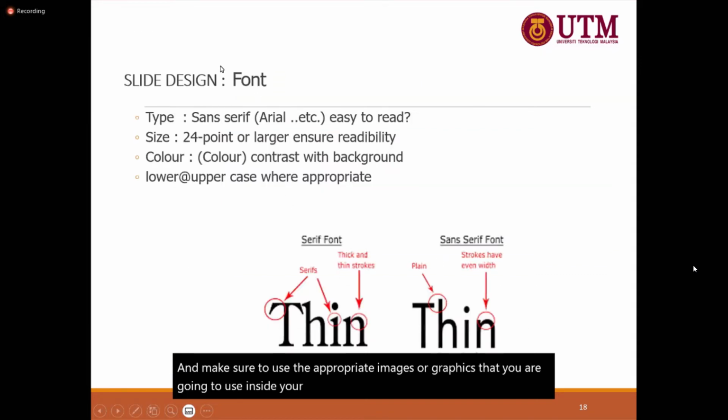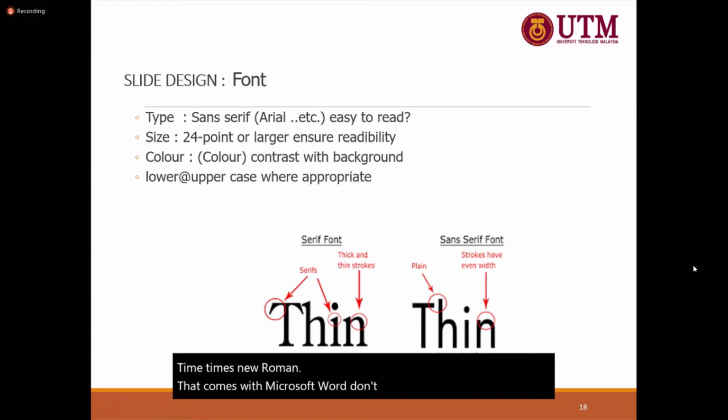And this is here for the font. The most recommended types are sans serif or Arial, Times New Roman, which are the very common, standard font types that come with Microsoft Word. Don't go for weird, stylish fonts that come with the computer, to make sure your presentation is very easy to read.